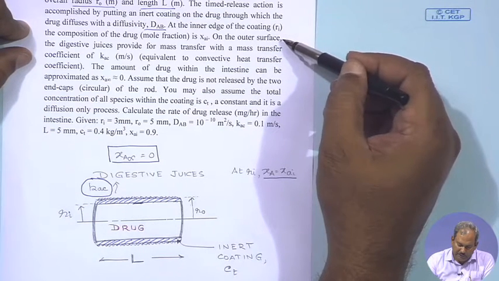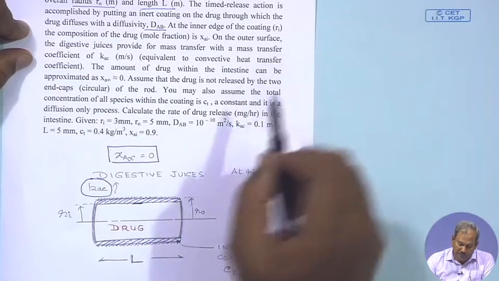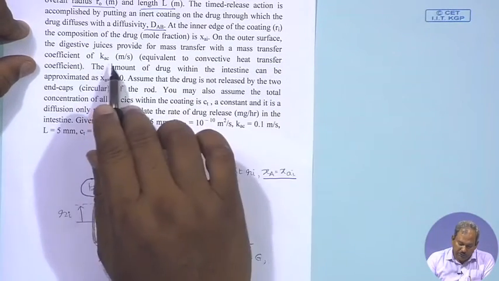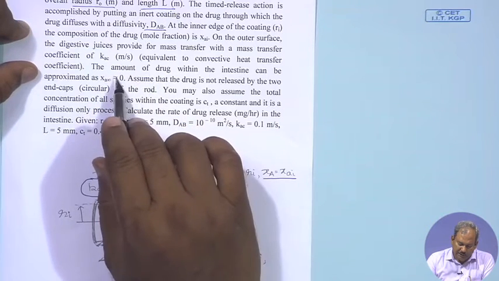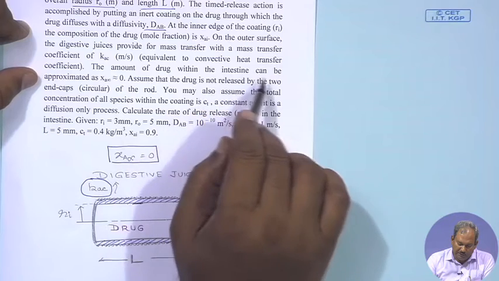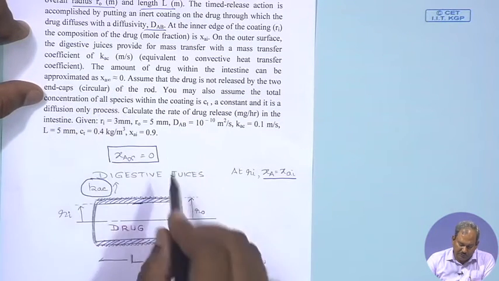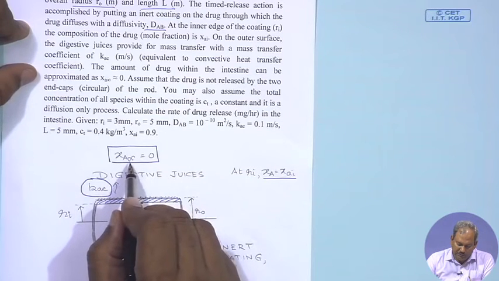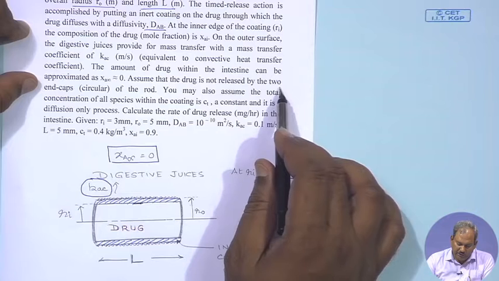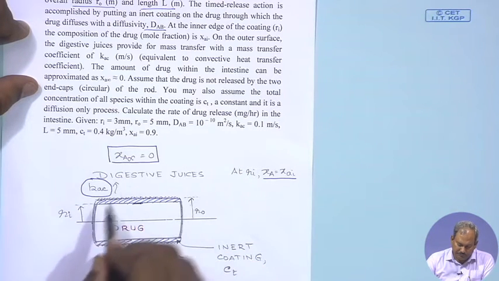So, as I said, on the outer surface, the digestive juices provide for a mass transfer coefficient which is denoted by KAC, units of meter per second, and the amount of drug within the intestine can be approximated as X A infinity equal to 0. So, at a point far from the drug, the concentration is assumed to be 0, and the drug is also not released by these two end caps.